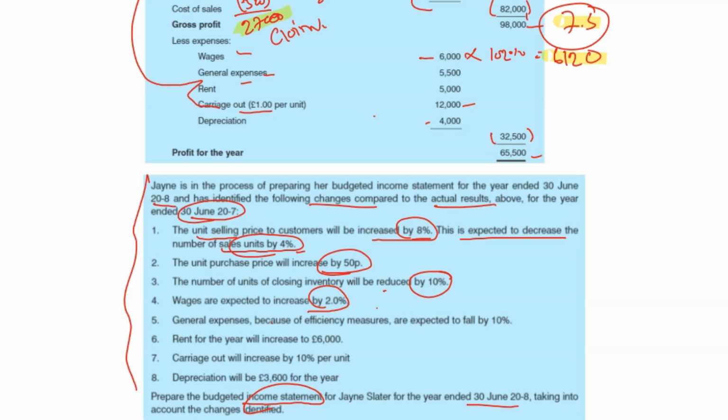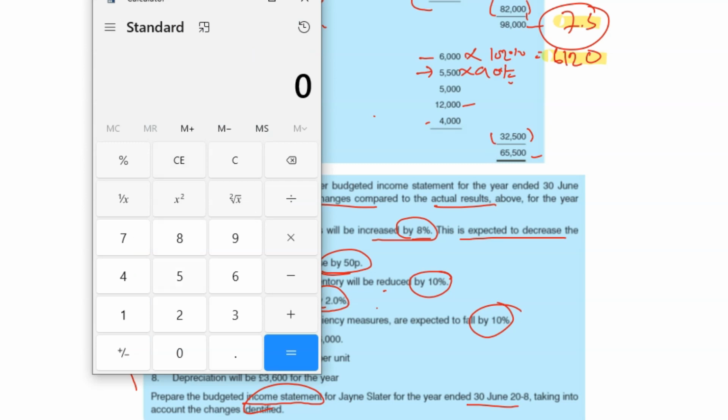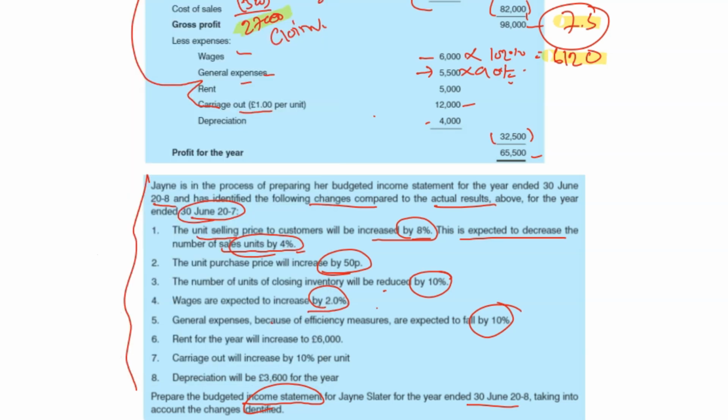General expenses, because of efficiency, are expected to fall. Good news, 10%. If it goes down by 10%, just multiply by 90%, you're going to get your answer. 5,500 becomes 4,950. All these are going to go to the next period, 2018 income statement.